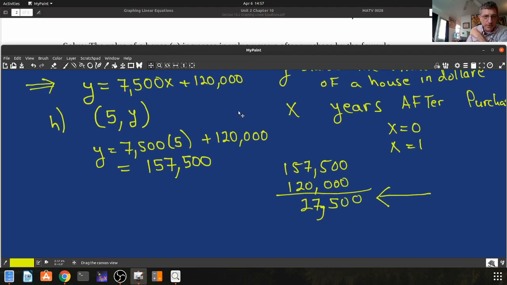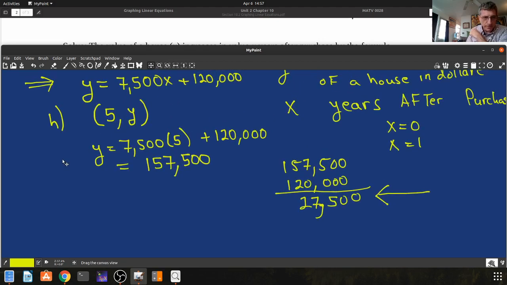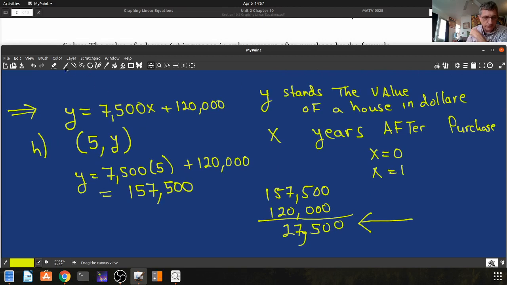And the second thing we're asked to do, so the ordered pair solution, let's complete this out, turns out to be, I'll have to give myself some more space here, 5, $157,500.